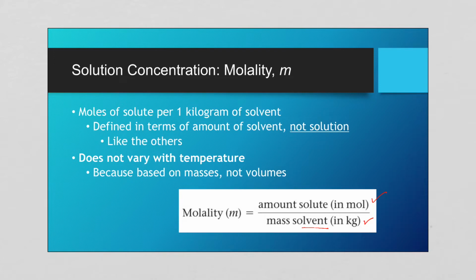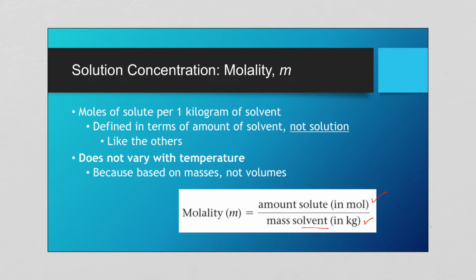One of the advantages of using a mass-based system is that it is not temperature dependent. Volume-based units are going to be slightly temperature dependent because the volume can change with temperature. It can expand and contract a bit. So mass-based units won't change with temperature.